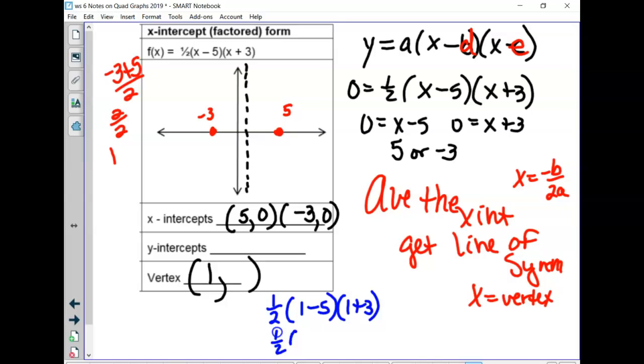This would be 1/2 of -4 times 4, which would be, anybody? Be careful. Do you take half and then half again? No. Half of -4 is -2 times 4 is -8. Or you could do them 4s would be -16 and half of that's -8.